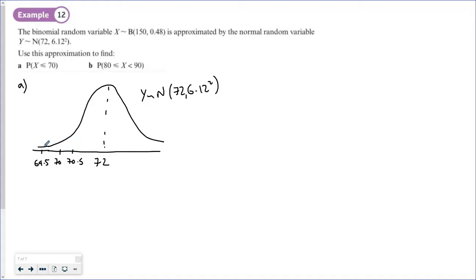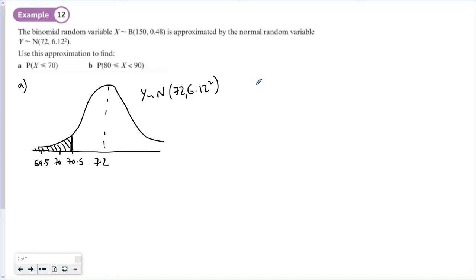So that means we want to include 70. Now 70 occupies the space on our number line from 69.5 to 70.5. So we need to include everything to the left of 70.5 to make sure that we include 70 in our area that we're going to work out.